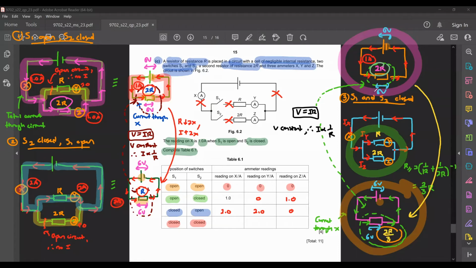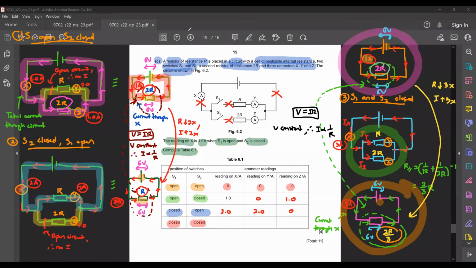So going from the first diagram to the second diagram, our resistance value decreased by 3 times. Therefore, our current must increase by 3 times. So if my current here is 1 amp, in the new diagram my current must have increased by 3 times. So from 1 amp, it will become 3 amps. So these 3 amps would be the current through my ammeter X. So this one will be 3 amps.